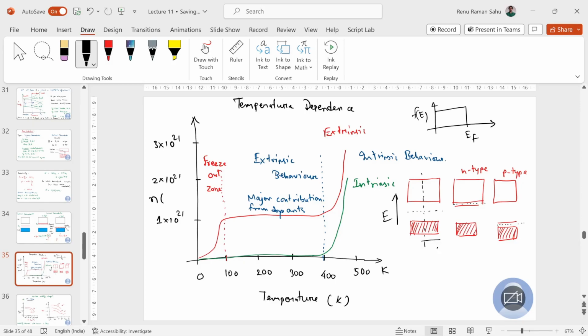This is your F of E. It will come like this: probability of occupancy is 1, which is clear that it is 100% occupied, and it will drop here at 0 temperature, where the probability of occupancy is 0.